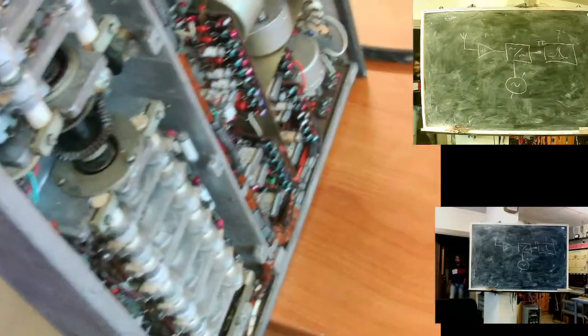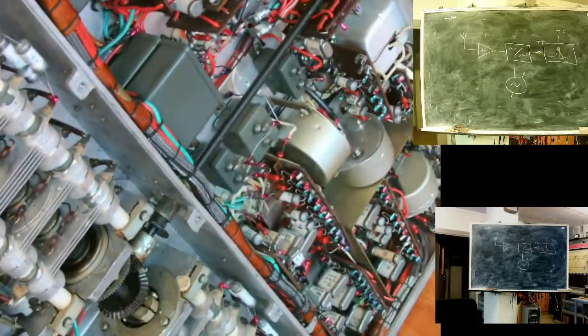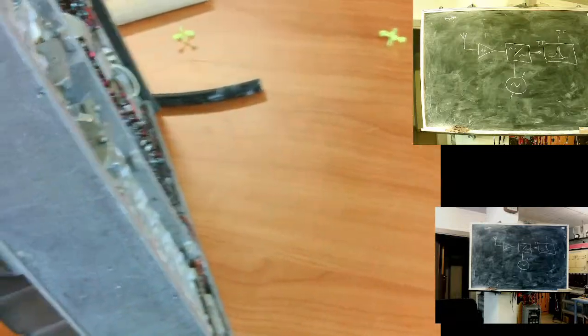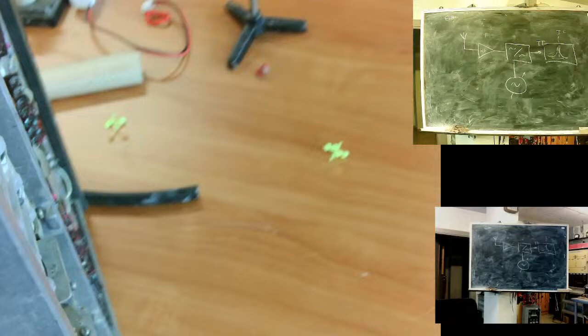This symphony of capacitors is used to create a variable bandpass. This thing can have bandpass from 1 kHz to 80.